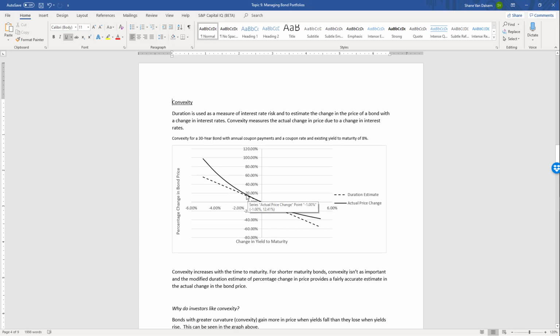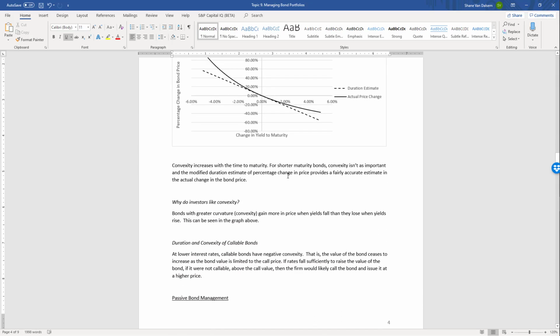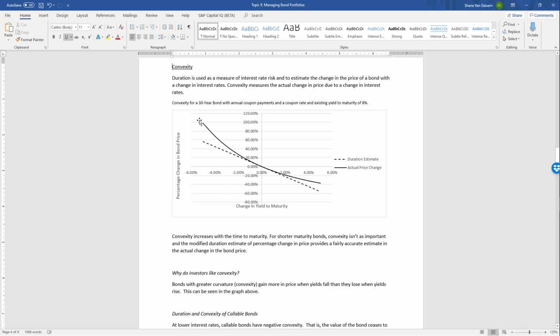So this curve would look the same up to a certain point over here on the left-hand side. If the yield to maturity for the bond drops enough, then this curve is just going to go flat. It's going to go up, and then it's going to have a kink in it, and it's going to be flat over here. Because at that rate, the firm will go ahead and call that bond, and the investor won't see any additional increase in value from the yield to maturity falling.